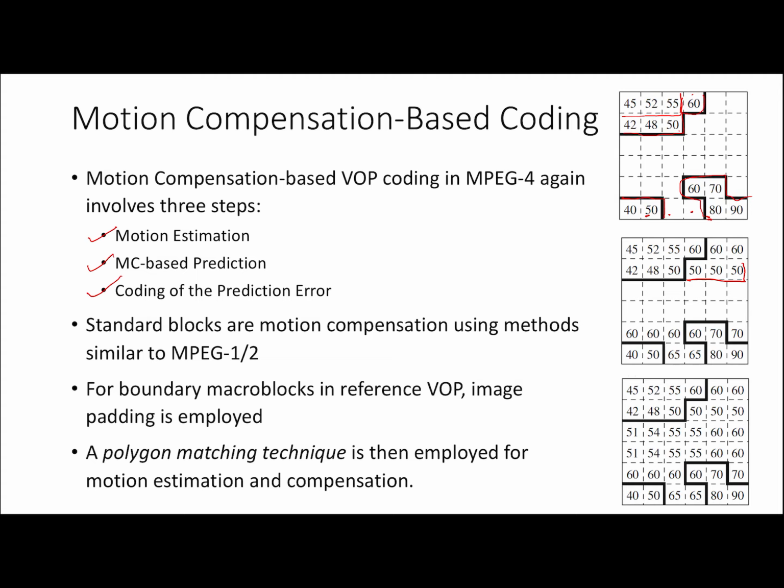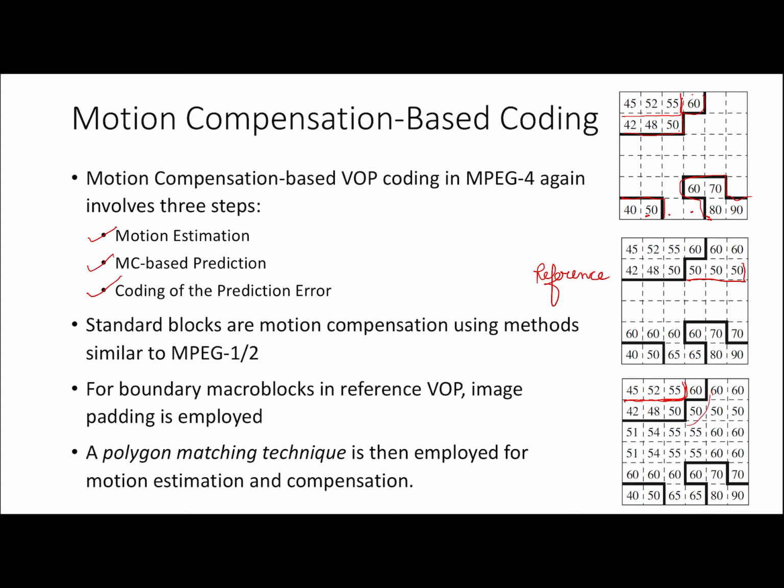So after this padding has been done in the reference VOP, a polygon matching technique is employed, because now we have the intensity values for these border pixels. It is not like half black and half white with some pixels having other values.